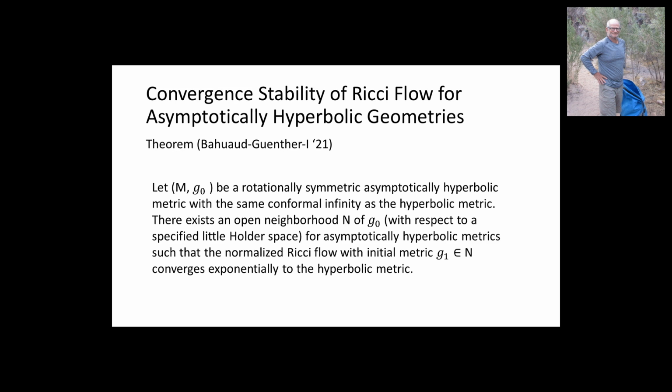So what the theorem says, in this form: if we have a rotationally symmetric asymptotically hyperbolic metric with the same conformal infinity as a hyperbolic metric, then there's an open neighborhood N of that initial metric with respect to a specified weighted little Hölder space for asymptotically hyperbolic metrics, such that the normalized Ricci flow with initial geometry G1 in that neighborhood must converge exponentially to that hyperbolic metric.